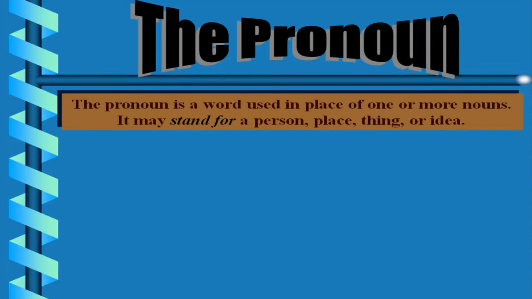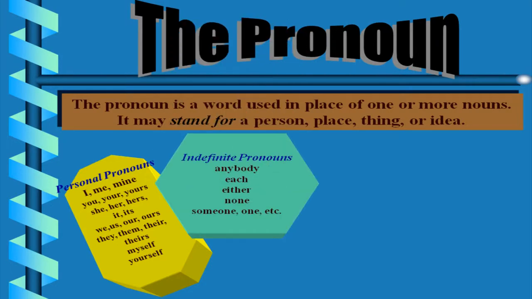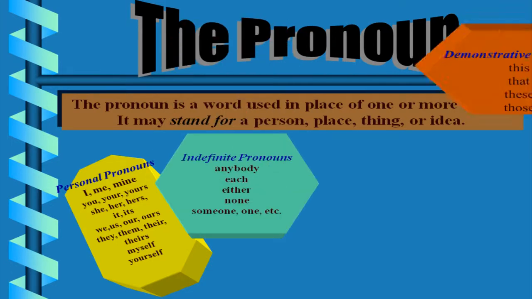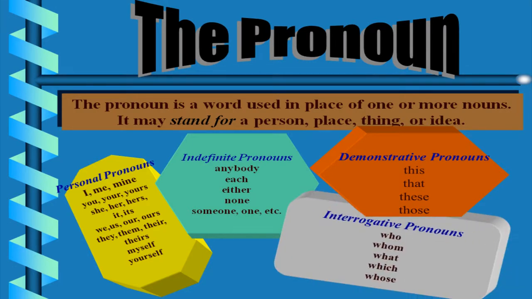This part of speech has also been divided into 4 types. And they are personal pronouns, indefinite pronouns, demonstrative pronouns, and interrogative pronouns. And the examples of personal pronouns are I, me, mine, you, your, yours, she, her, hers, it, its, we, us, our, ours, they, them, their, theirs, myself, yourself.